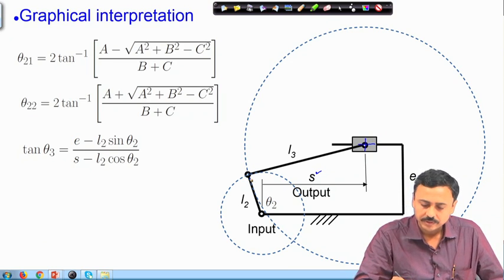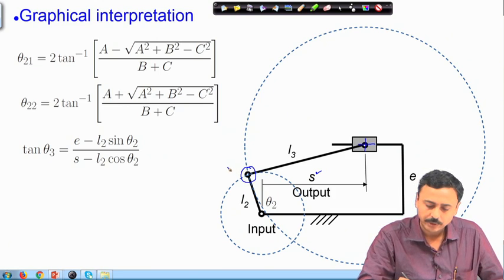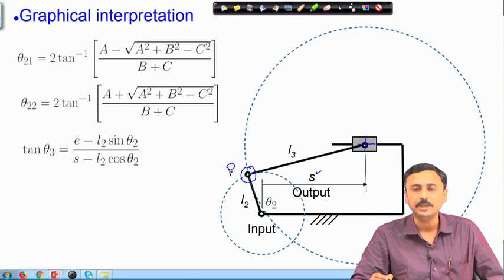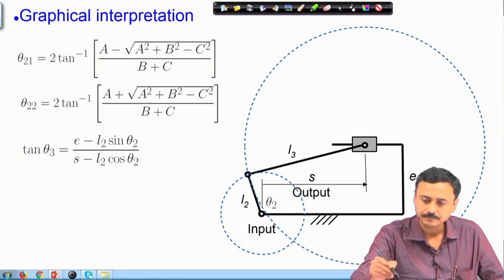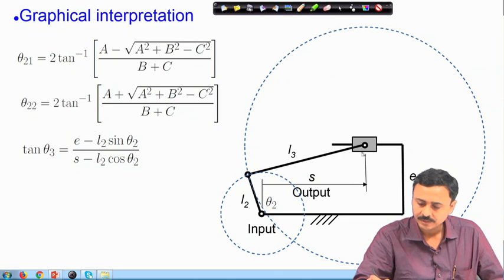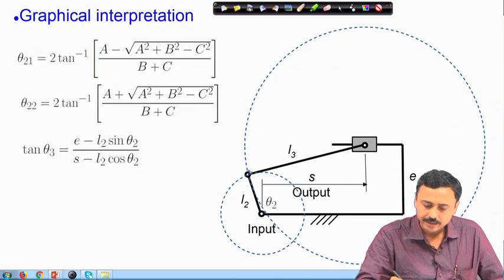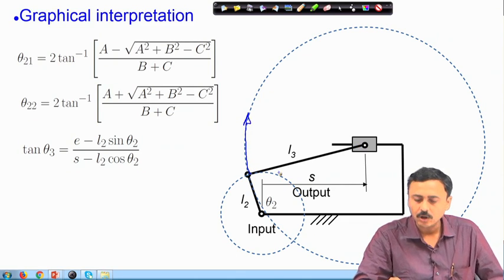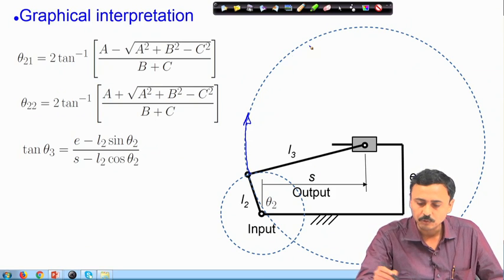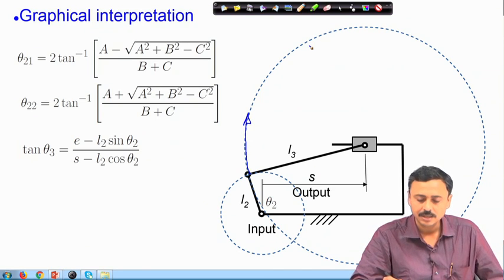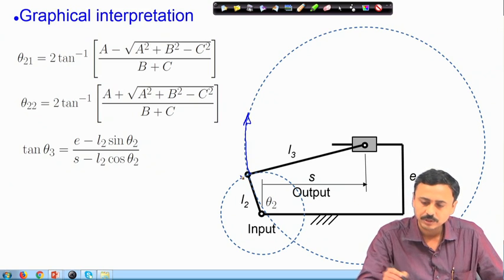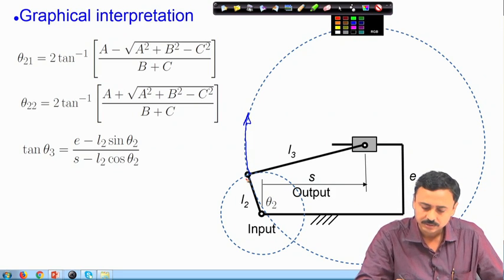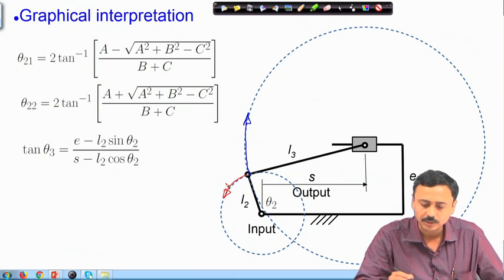We can now think of assembling the mechanism by looking at the location of this hinge P. Now, this P as a point on link L 3 will move on this larger circle, whereas P as a point on the link L 2 will move on this smaller circle.